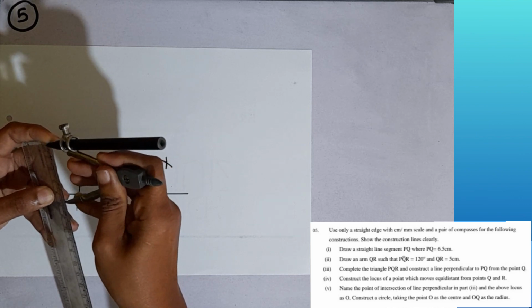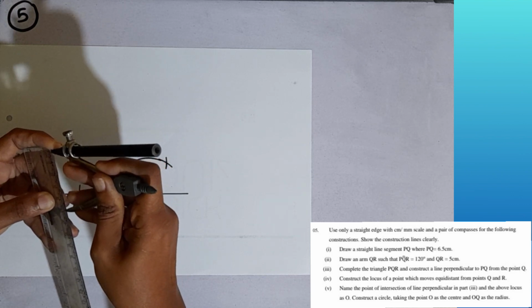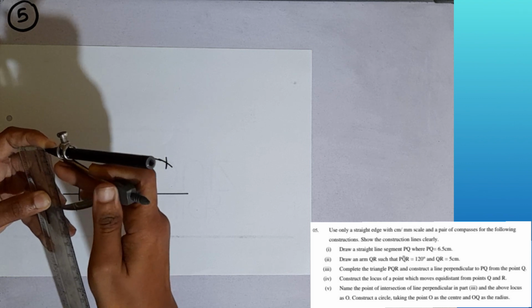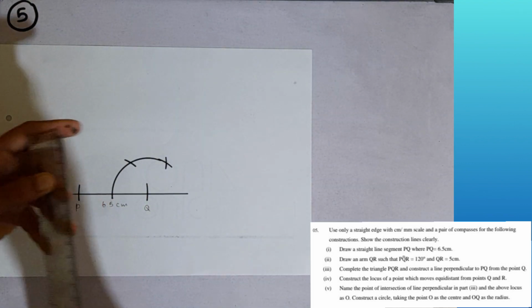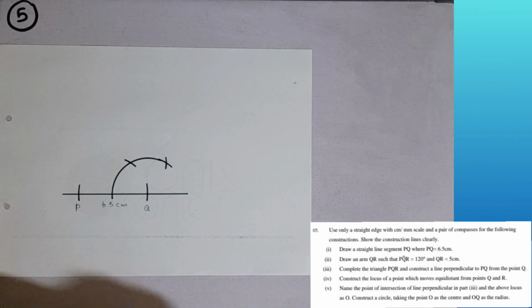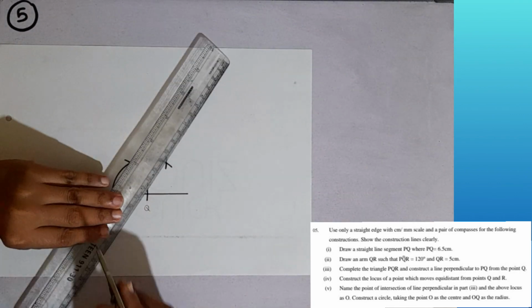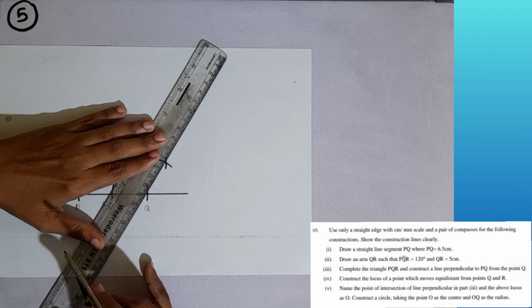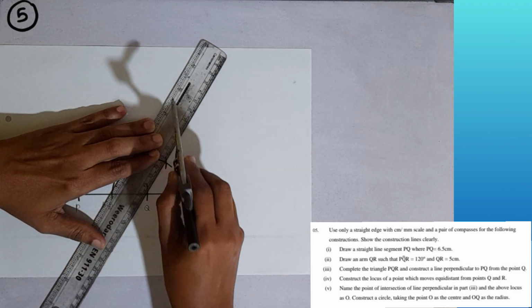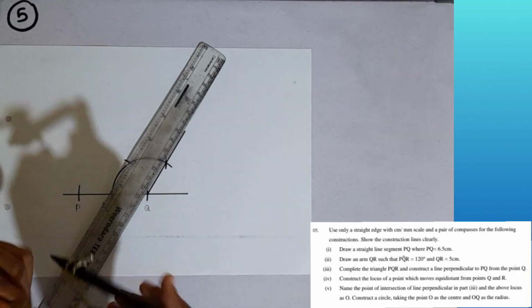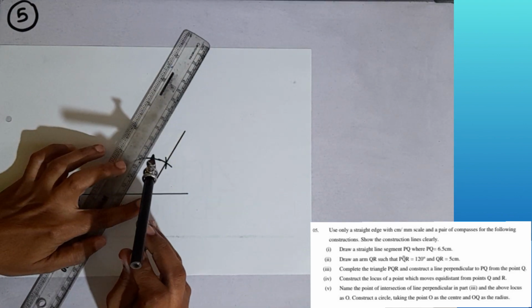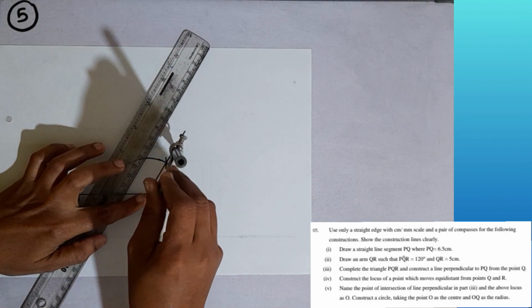We have to take the distance 5 centimeter as the pencil point and the point of compass. And then, keeping the point of compass here, mark the point.